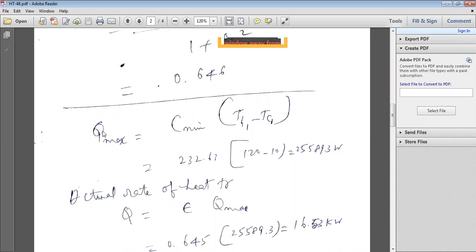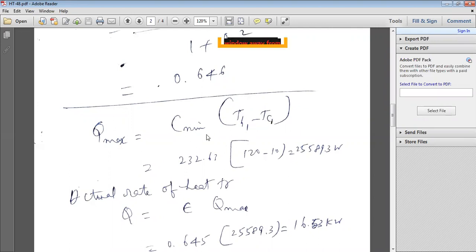But how do you calculate maximum heat transfer rate? From the basic definition of the NTU method, Q max is C minimum into TH1 minus TC1. What is C minimum here? Heat capacity of the minimum fluid. TH1 is the inlet temperature of the hot fluid, TC1 the inlet temperature of the cold fluid.